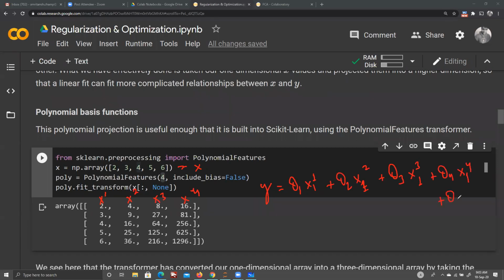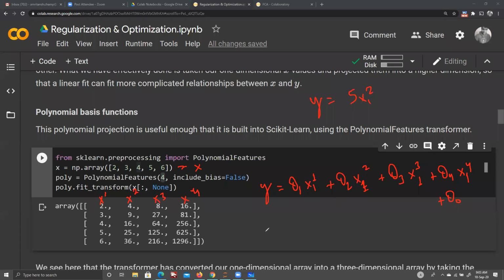Maybe there is a theta naught, there might not be. So if the equation is y is equal to 5x squared, once the regression runs successfully, what will happen? Everything other than theta 2 will become 0.